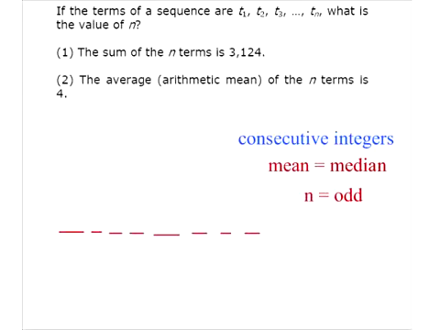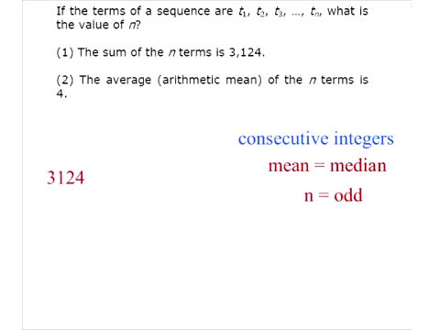Let me see if I can find anyone with a mic. Maria, if you have your mic, can you hop on and tell us why you think that this is sufficient anyway? Hey, can you hear me? Okay, so I picked C because for statement number 1, I wrote the equation 3,124 over n equals the average.